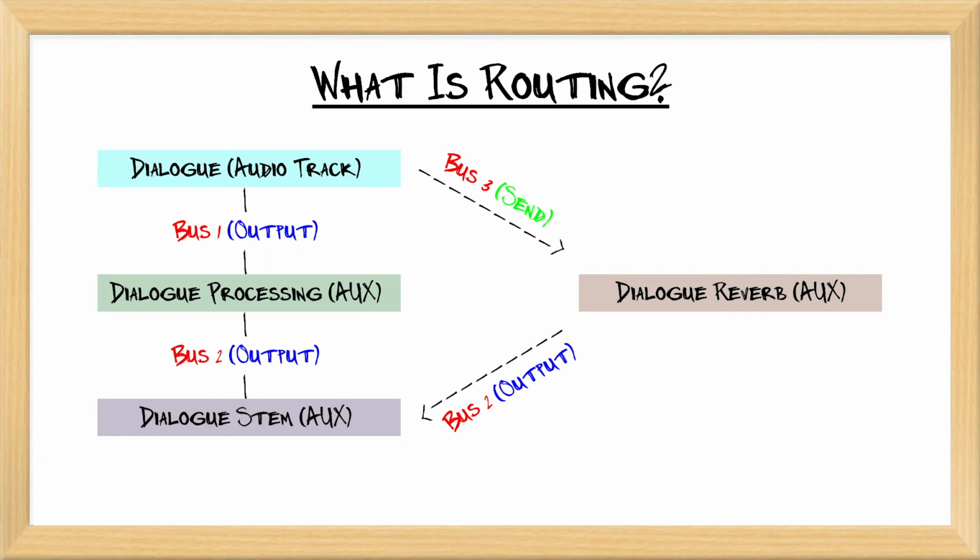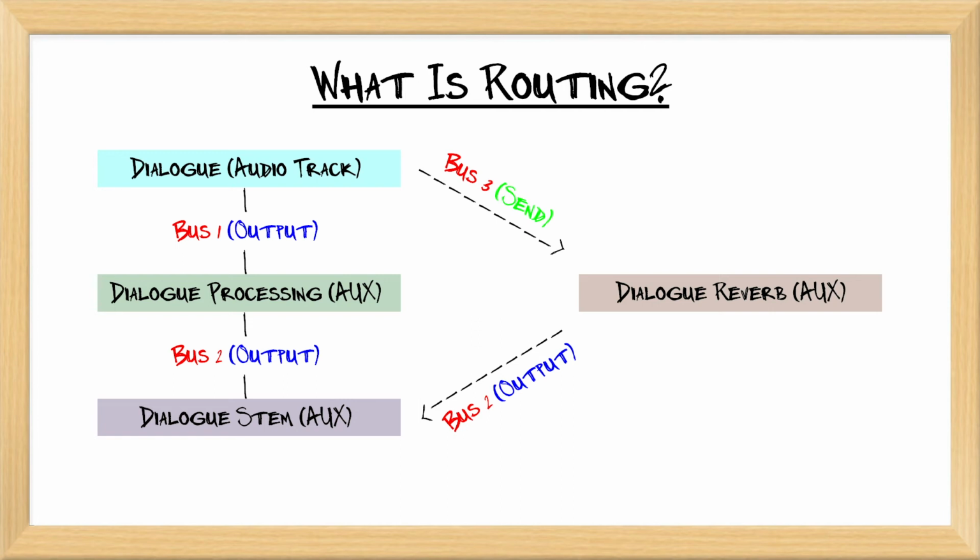But wait, there's more. What if I wanted to add some reverb to my dialogue? Well, I could have my dry or non-reverb signal start at my dialogue audio track and go to my dialogue stem. And then simultaneously with my bus 3, send dialogue audio track to my dialogue reverb aux, where reverb gets applied to it, and then I can just recycle my bus 2 on the output of that aux back into the dialogue stem.